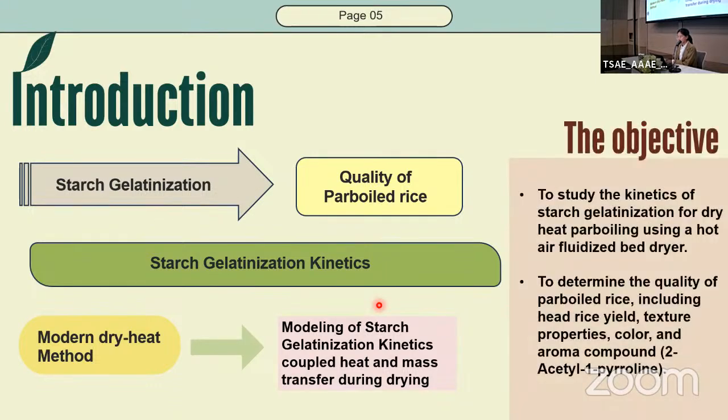So the objective of this study is to study the kinetic structure organization for drying using analytic drying and determining the quality of parboiled rice, including color, texture, and element from structure.